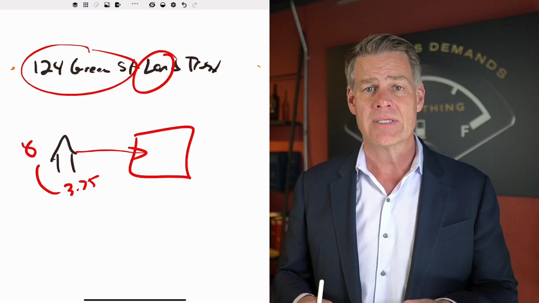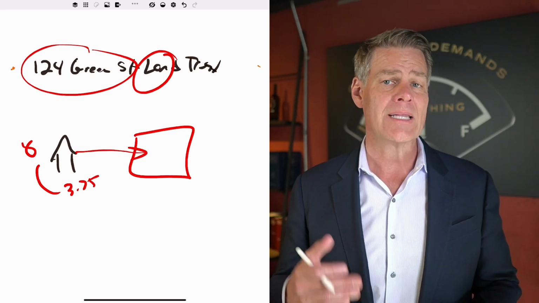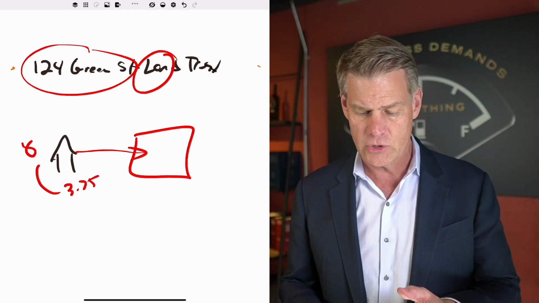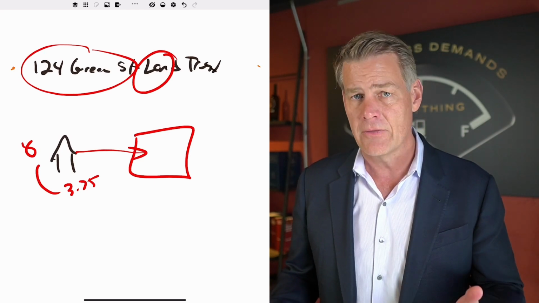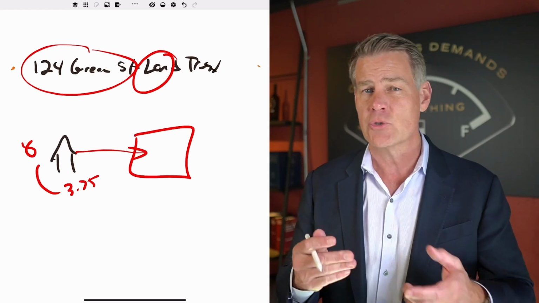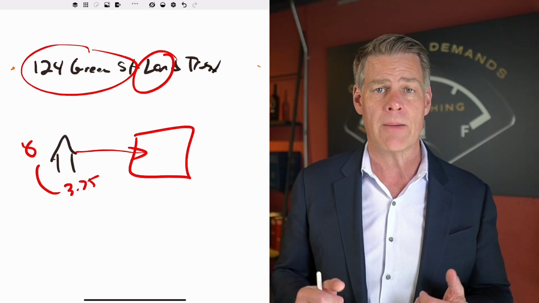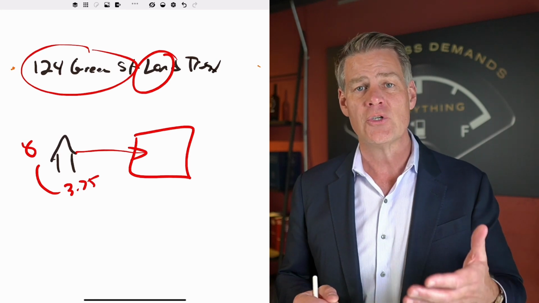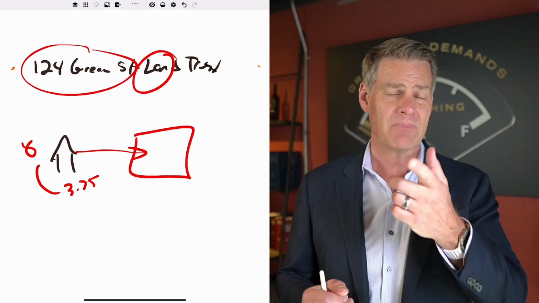Now, the other thing about this that I think is really important is that when a third party looks at a trust where it says 124 Street Land Trust, that might tell them, if they're unfamiliar with it, let's say I'm a tenant or attorney representing a tenant who's been injured in a property, and I see this 124 Green Street Land Trust, I might think, well, I'm going to look this up.